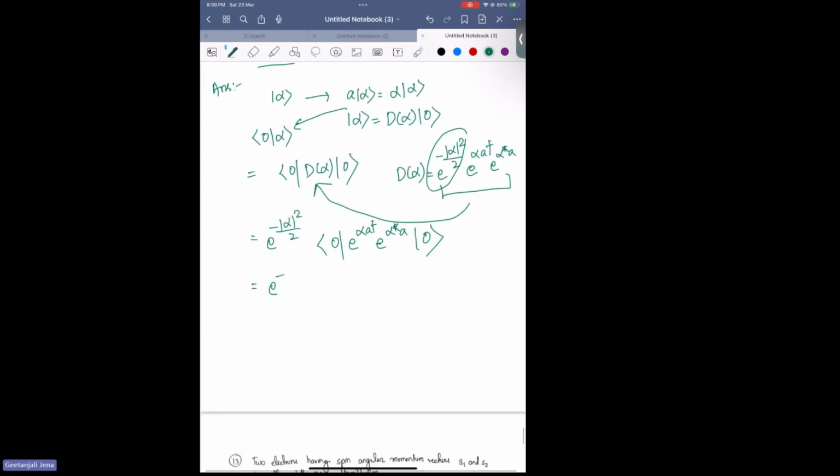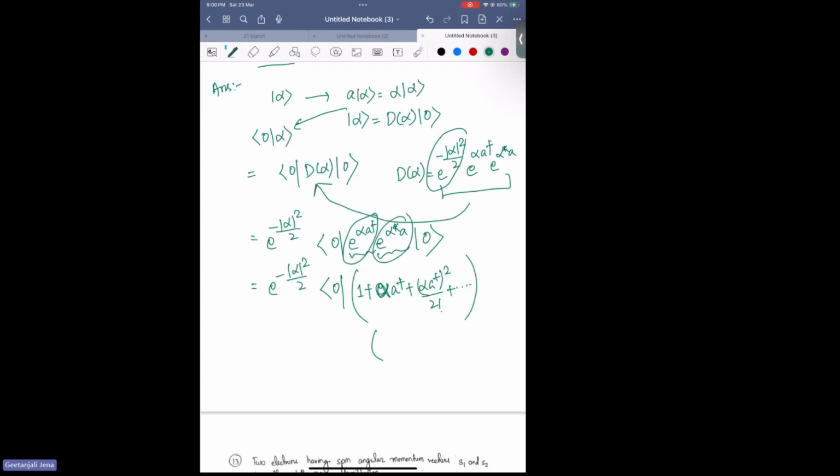Now to simplify this, just check the expansion for these two exponentials. The first one you can write as 1 plus alpha a dagger plus alpha a dagger square by 2 factorial. This is the expansion series for the exponential.